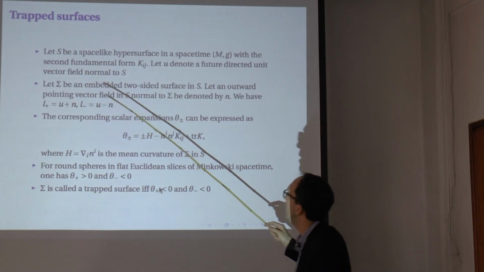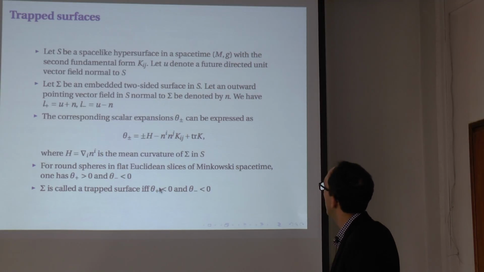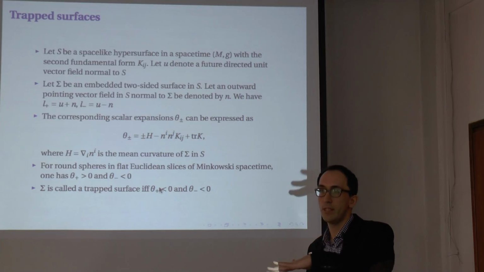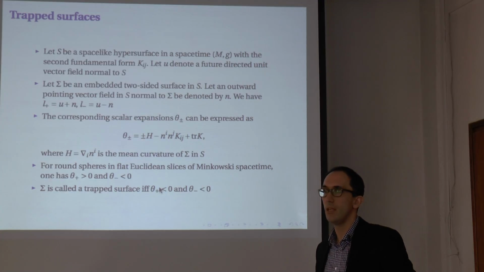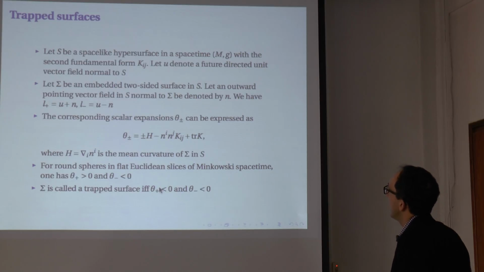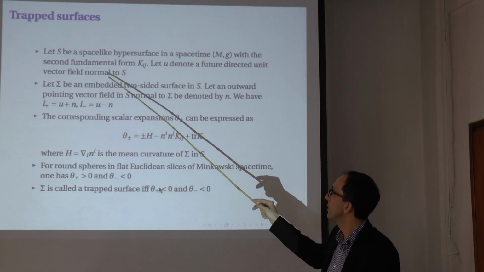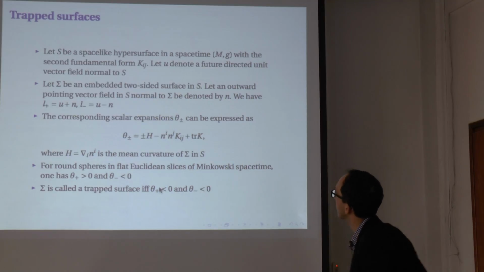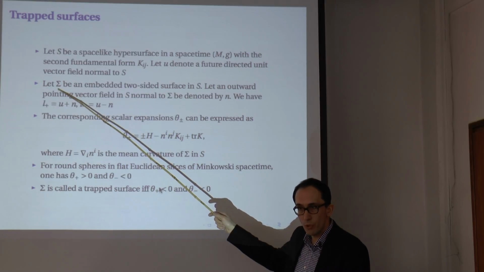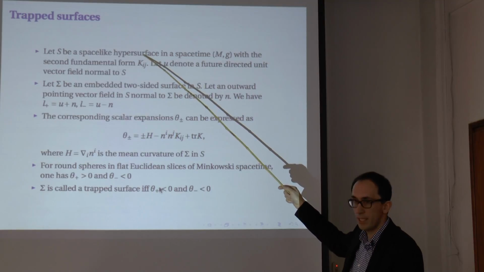Let's call it S, with the second fundamental form K_ij, with some metric induced on this, in the standard case three-dimensional, space-like hypersurface, and let U be a future-directed unit vector that's normal to S. Then a surface sigma that we are talking about can be embedded in such a space-like hypersurface.